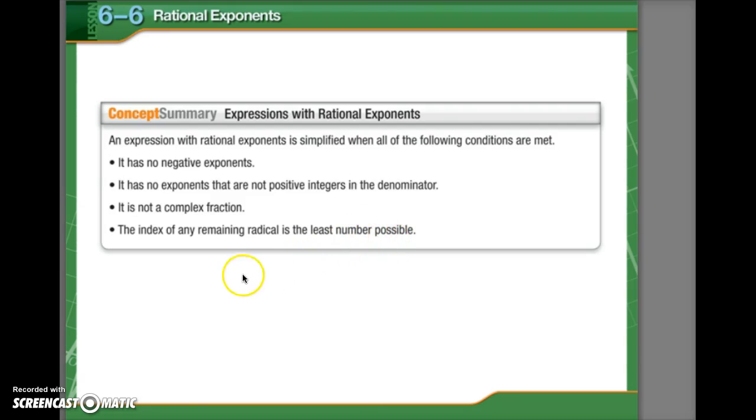So make sure that every time you're trying to simplify something, you follow these 4 conditions. Can't have negative exponents, can't have roots in the denominator, and make sure you simplify the roots as much as you possibly can. Okay, that's the end of Unit 1, Lesson 15, and it's going to be the end of Unit 1 as a whole.